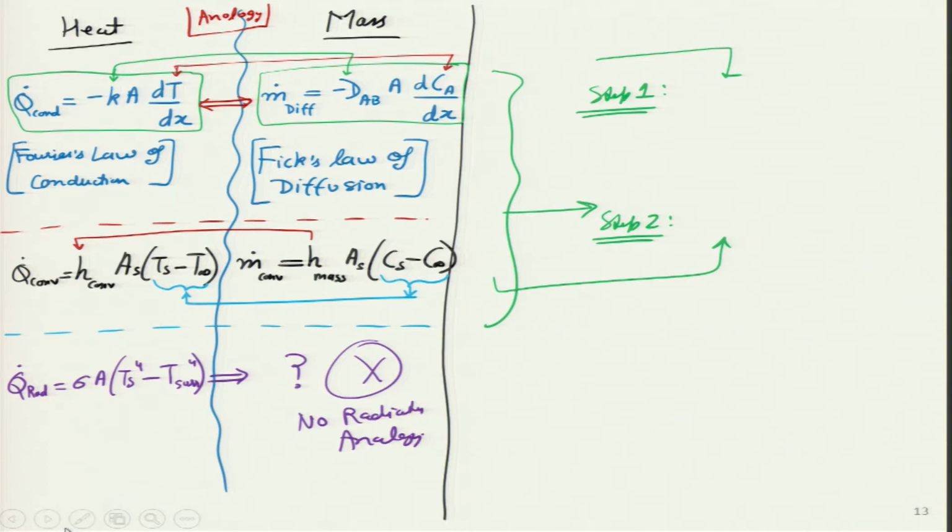I still do not want to define them now, because I want to first give a feel of what mass transfer actually means. So, today's lecture I will spend on step 1, where I am going to focus on diffusion mass transfer, which means I am going to focus on this equation over here, and which I will try to show students is very similar to the conduction equation over here.